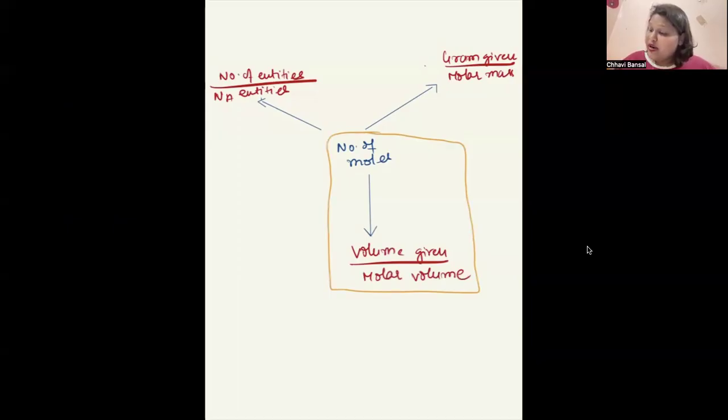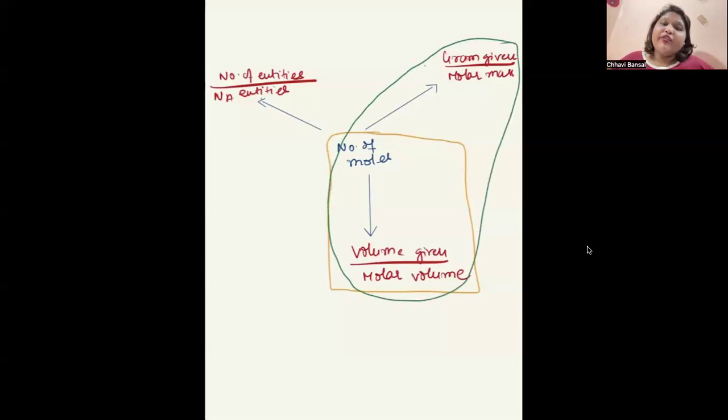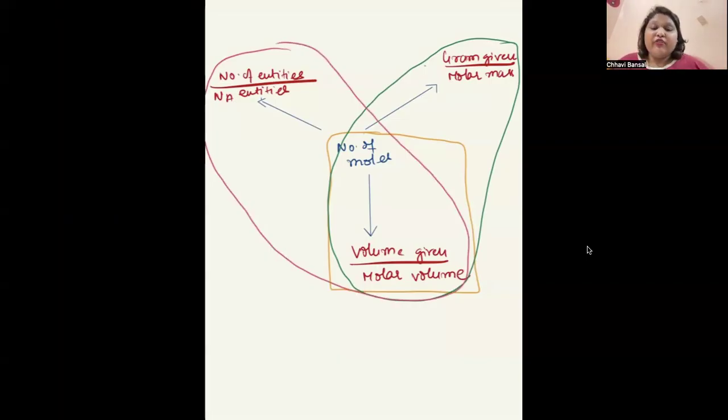Once again, it can be this also, where you are given the volume, you have to calculate the mass, or you are given the mass, you have to find out the volume. And there's a third circle, which is this one, where you are given the volume, you are supposed to find out the number of entities, or if you are given the number of entities, you are supposed to find out the volume. These are the three sets of questions that can be formed with these formulas.